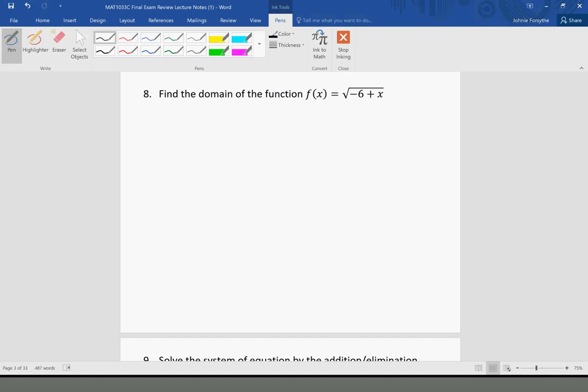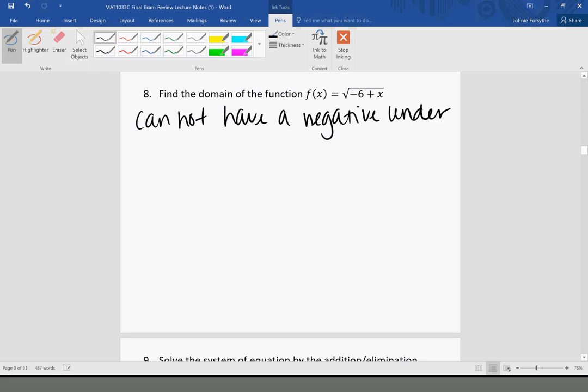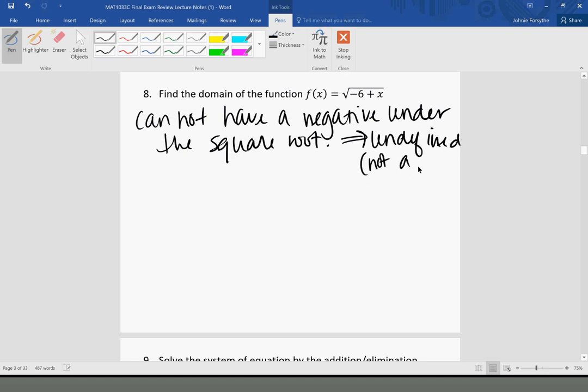Okay, so we cannot have a negative under the square root. That gives you something undefined. It's not a real number.